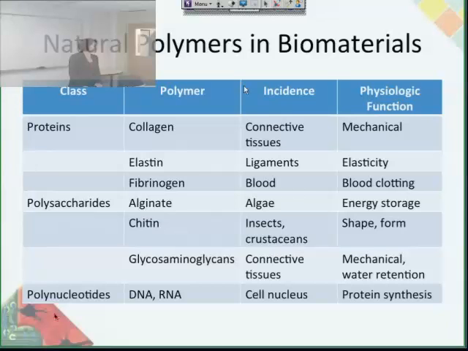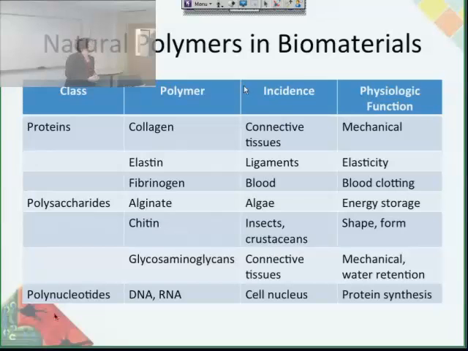Glycosaminoglycans are found in connective tissues, especially cartilage, so they're a really important part of the extracellular matrix in these tissues, and they're very important for resisting forces, either in tension or compression. And then you have your polynucleotides like DNA and RNA, which are mainly used for protein synthesis by the cell.